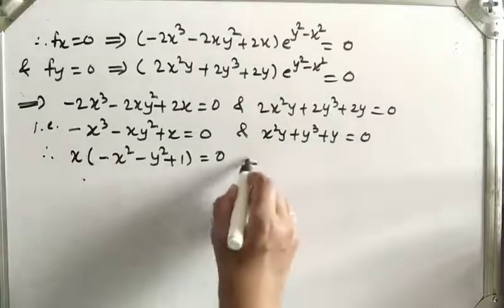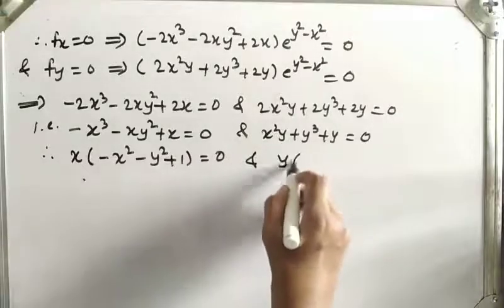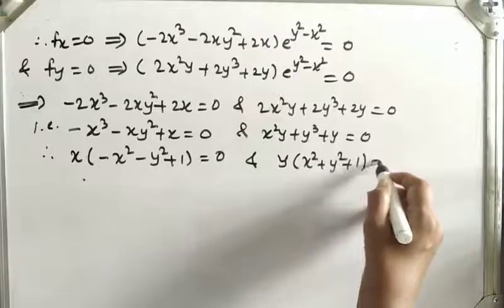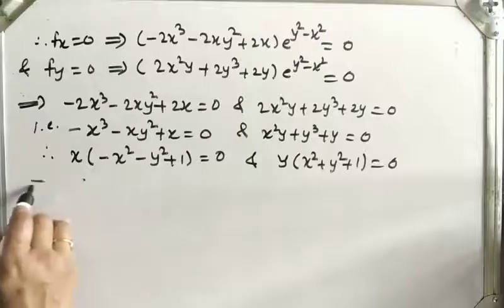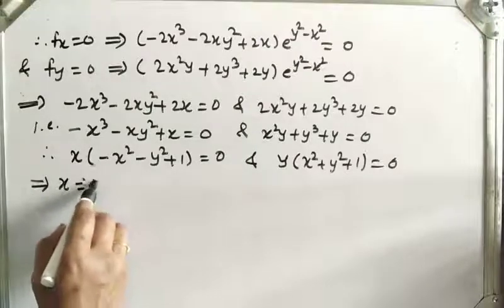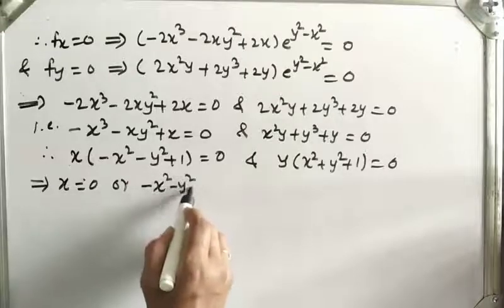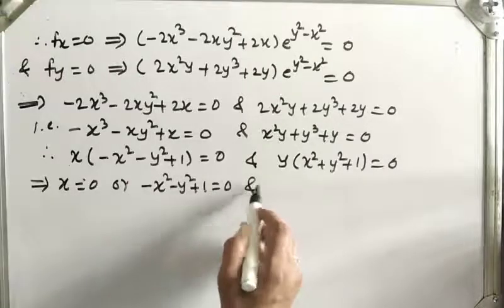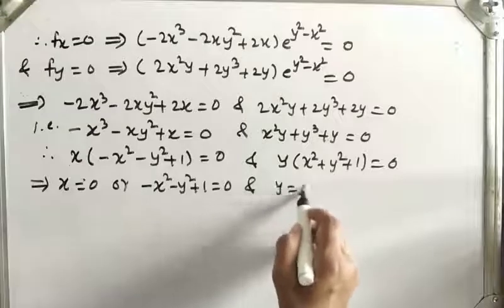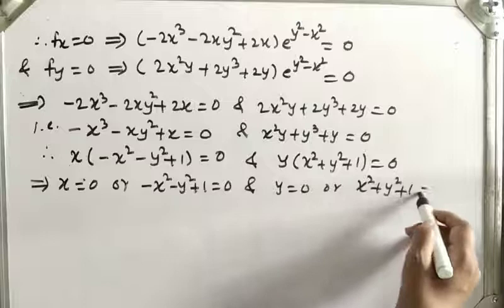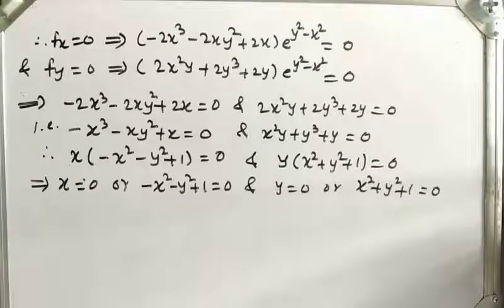And here we can take y common: y(x² + y² + 1) = 0. What does this imply? x = 0 or −x² − y² + 1 = 0, and y = 0 or x² + y² + 1 = 0.